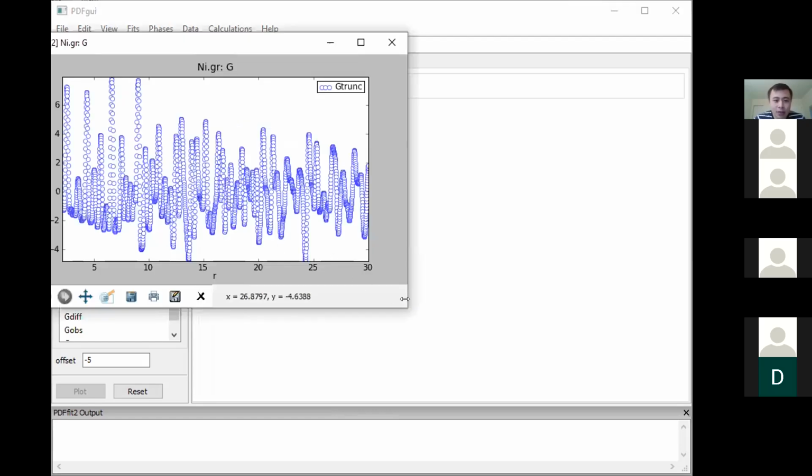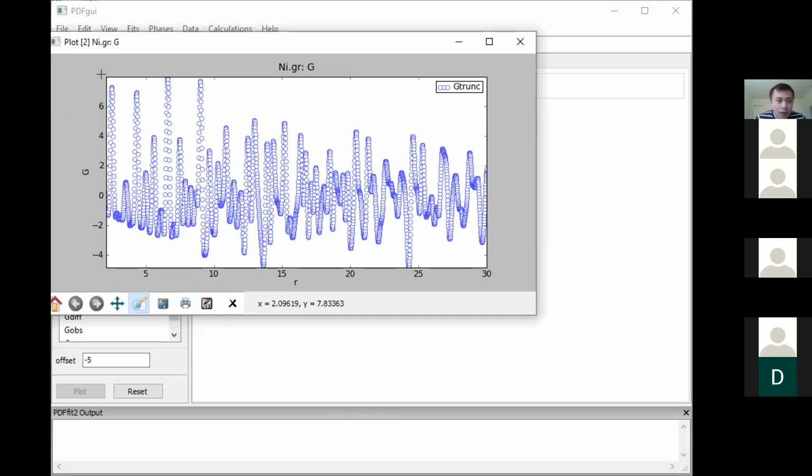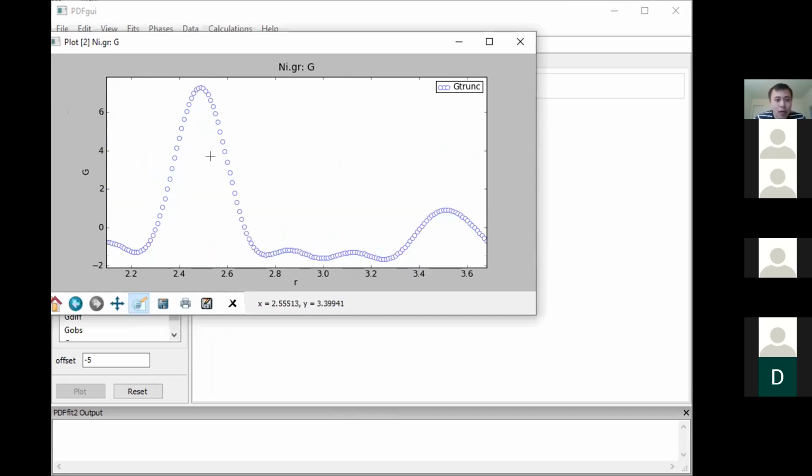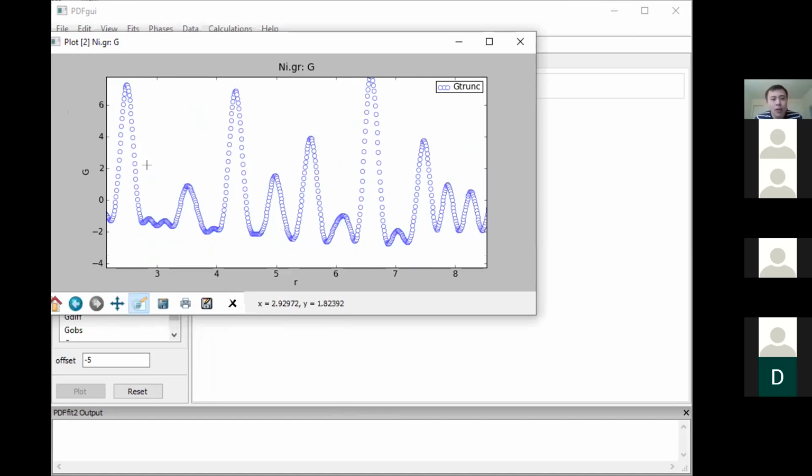Let's still look at this data. Okay, so in fact, this peak turns out to be narrower than what it's expected to be.